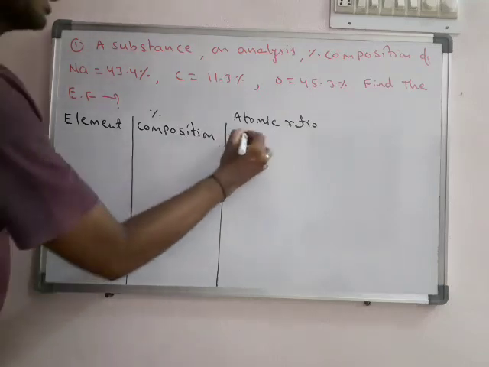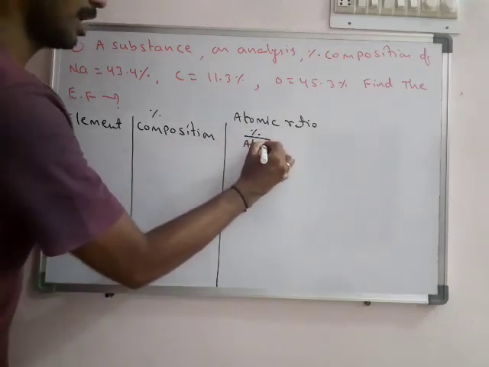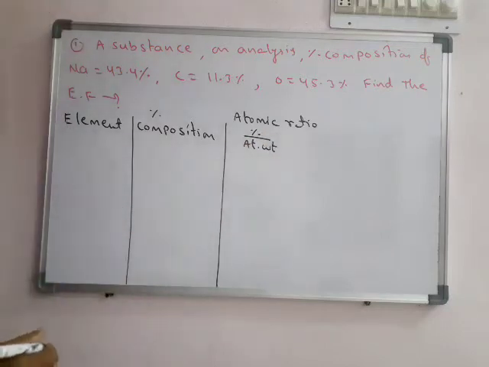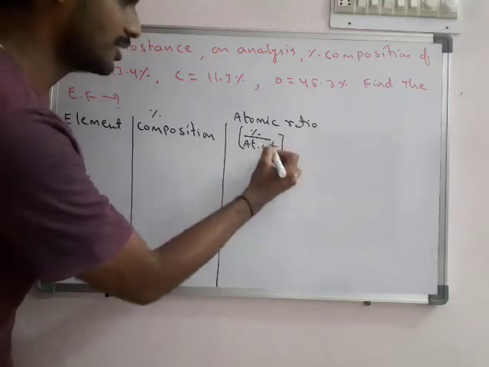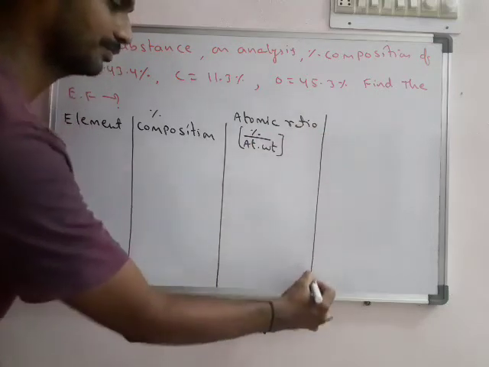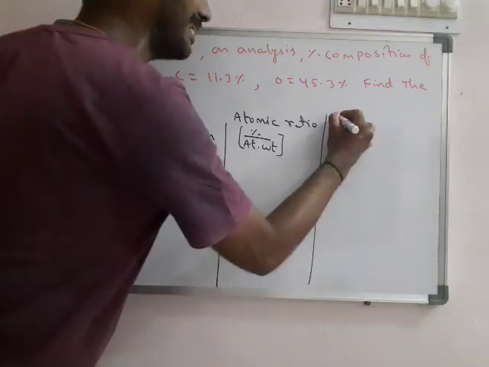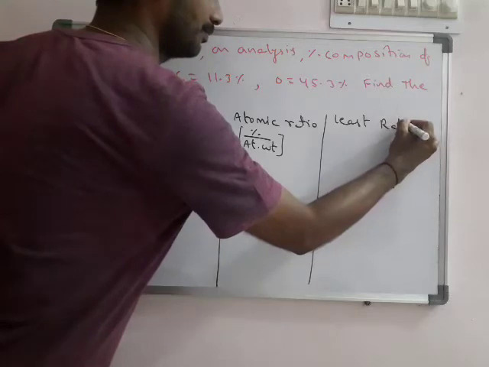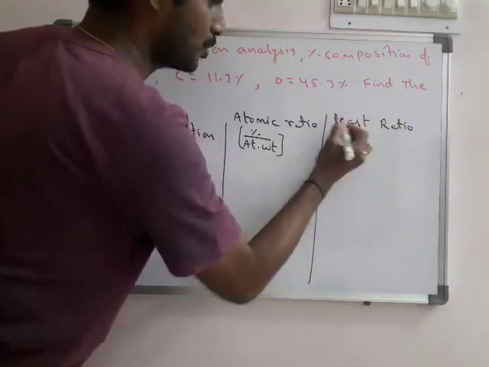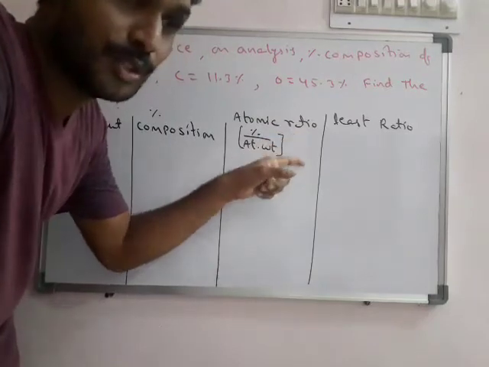It is the percentage composition by atomic weight. This calculation is called atomic ratio. Okay, next after this atomic ratio, calculate the least ratio.